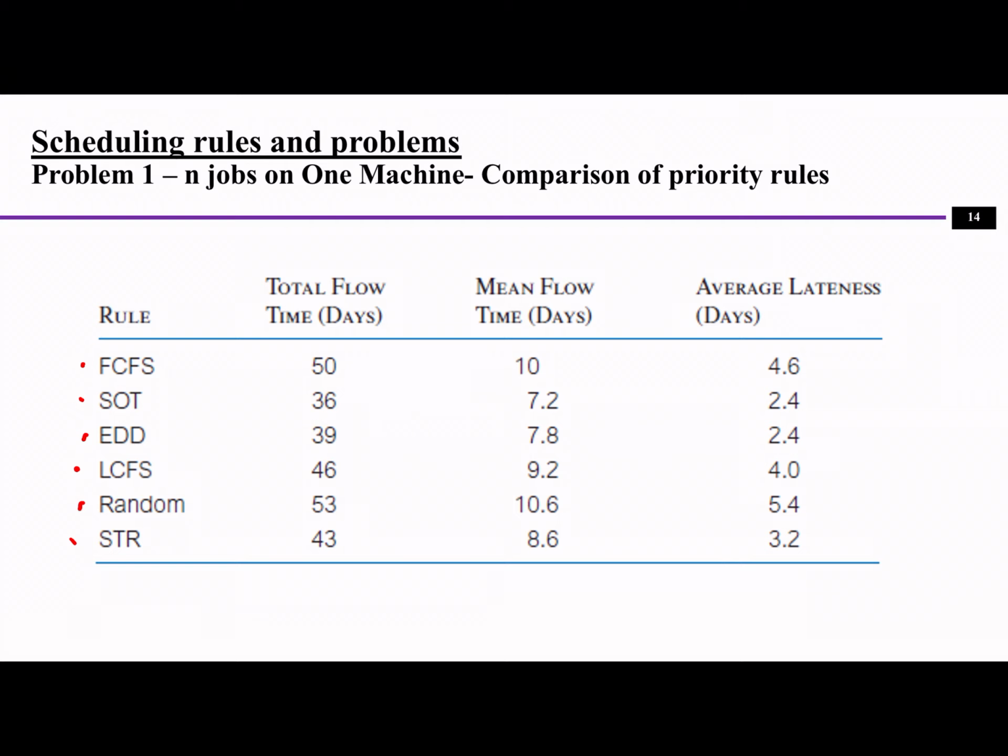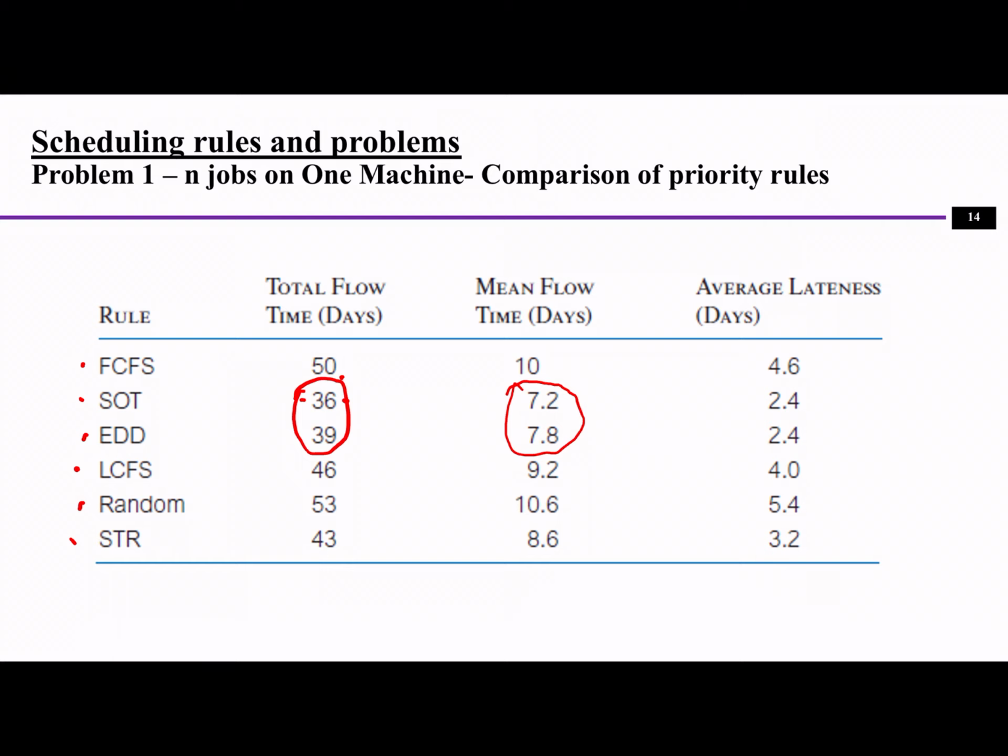First come first serve is 50, and the shortest operation time is only 36, right? Let's look at mean flow times. What are the shortest mean flow times? It's these two, and also the total flow time, also these two.